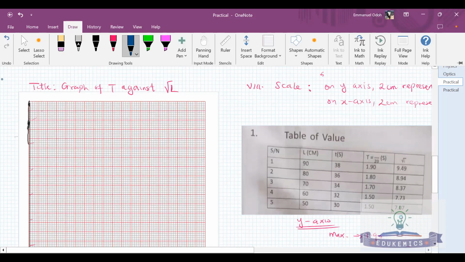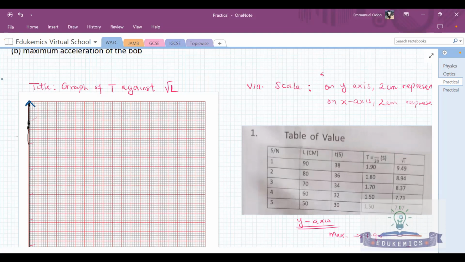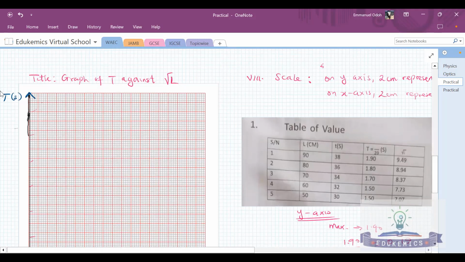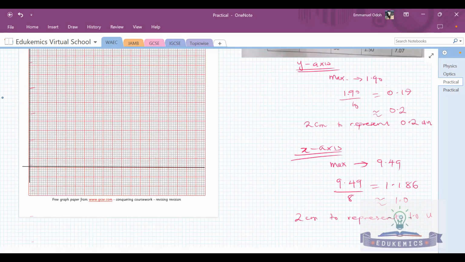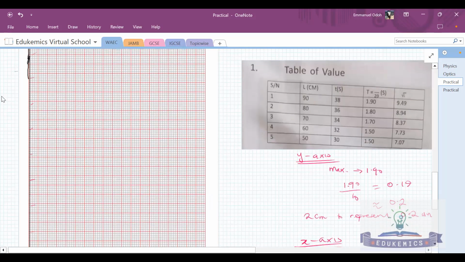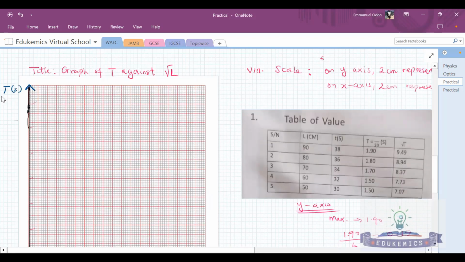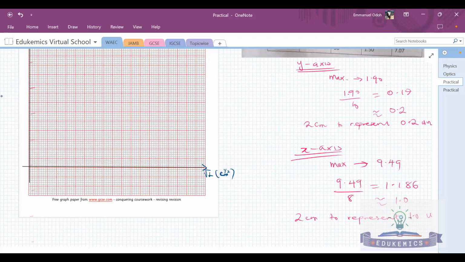This is the T axis, and put the units, and this is the square root of L axis. Like that. So label it, and the origin must start from 0.